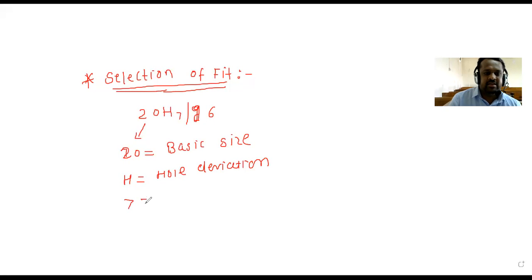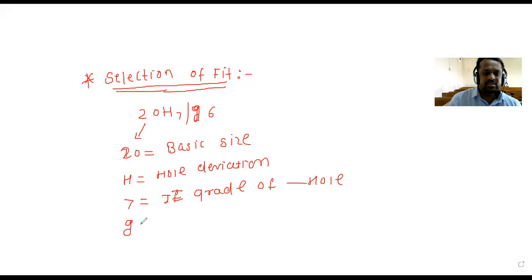Then here 7 is nothing but the IT grade of tolerance for the hole.